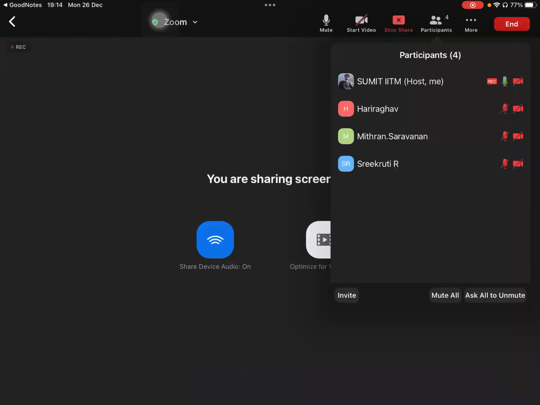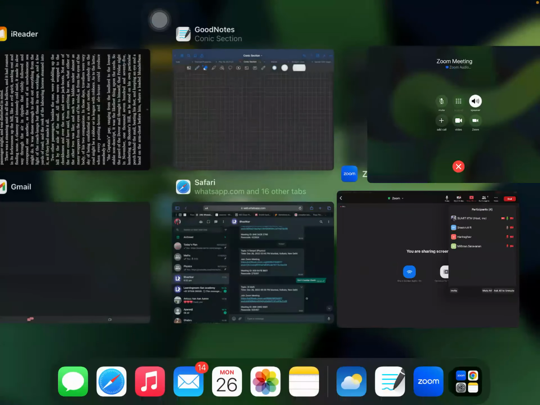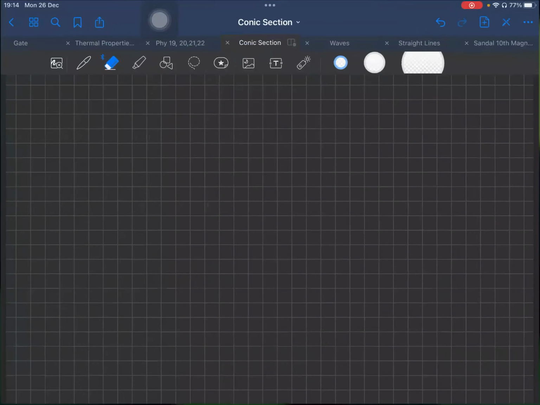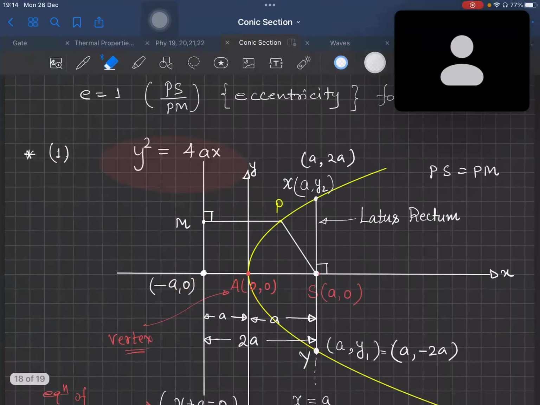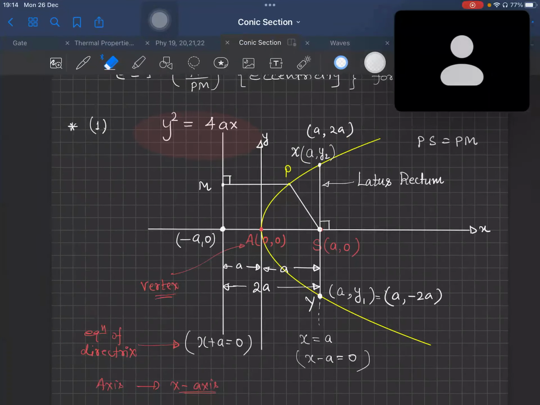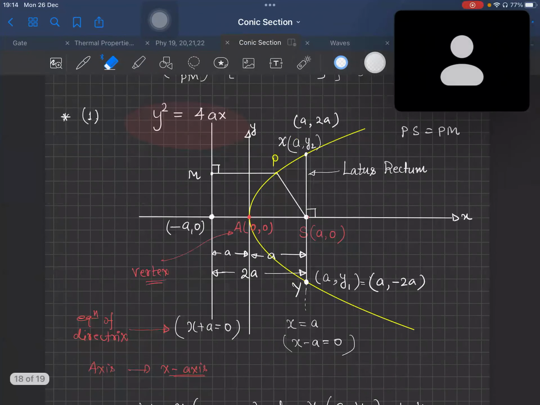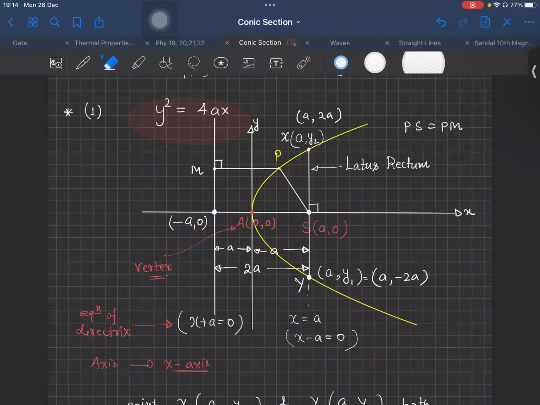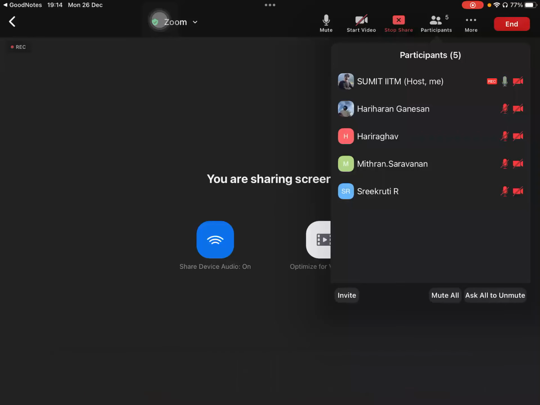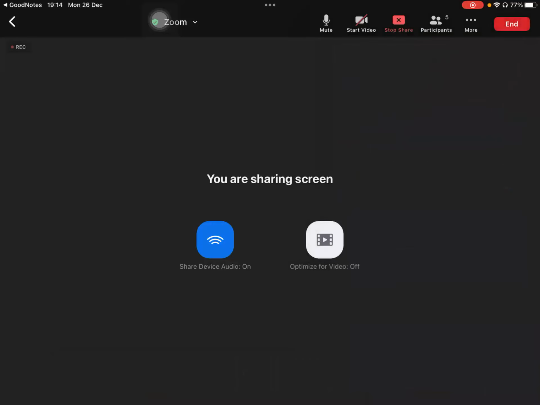Sir, can you show the previous slide? Yeah, okay, previous slide. Just ask me. Yeah, Kruti, tell me. You can write down if you are not able, your mic is not clear, so you can chat.